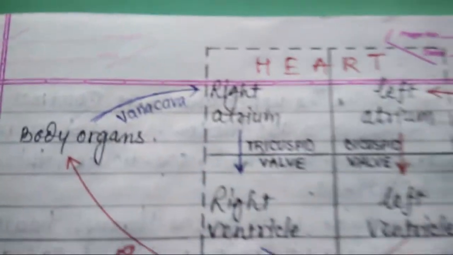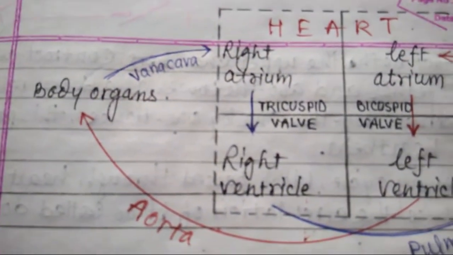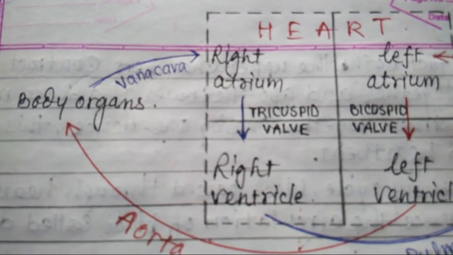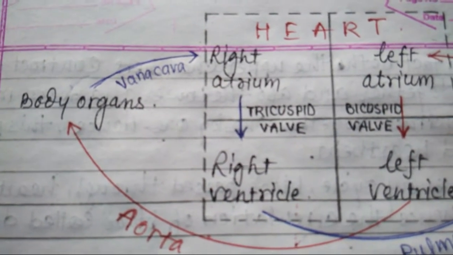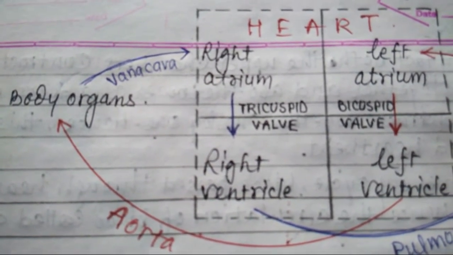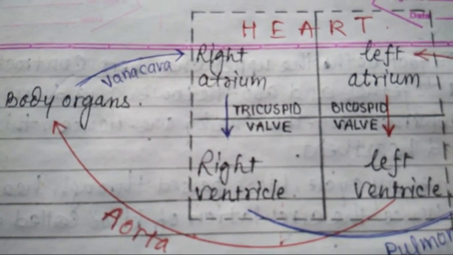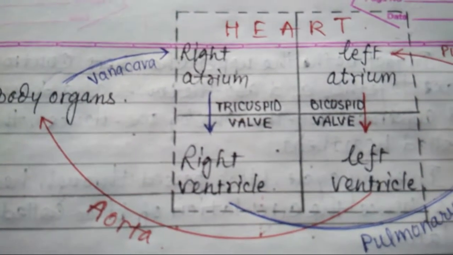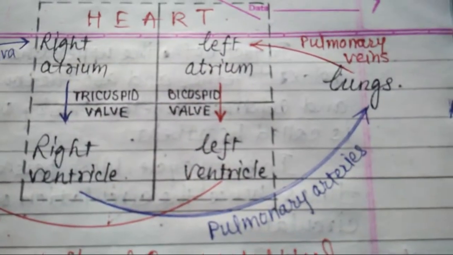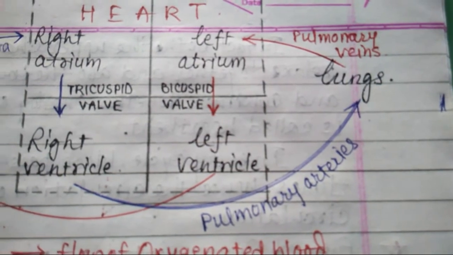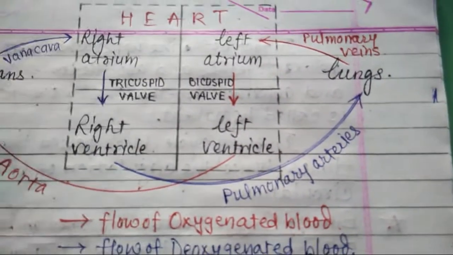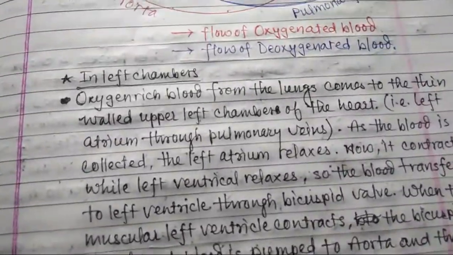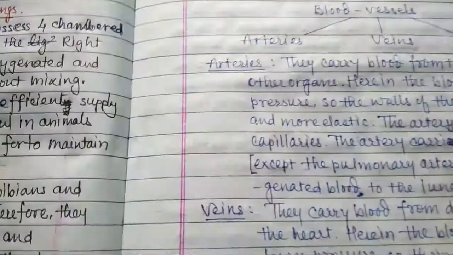From body organs, deoxygenated blood pours into the right atrium through the inferior and superior vena cava, then to the right ventricle, and then to the lungs through pulmonary arteries to be oxygenated. So here is the whole path of blood circulation in the heart.